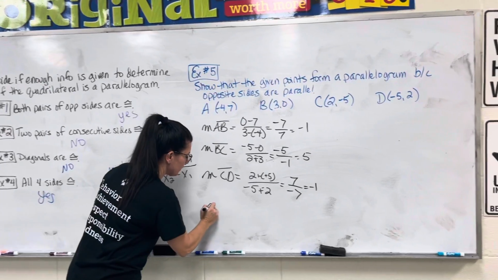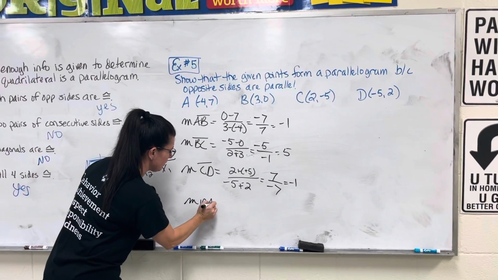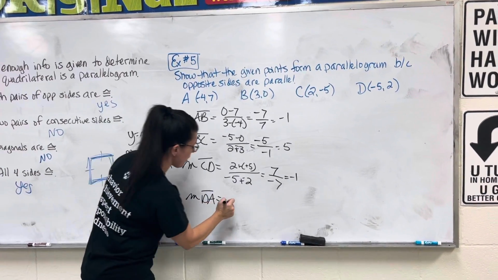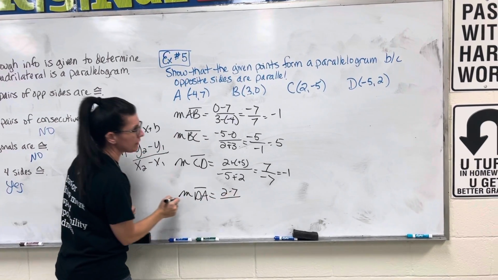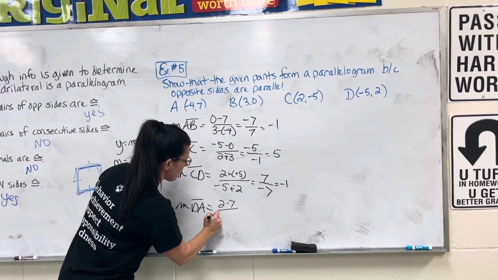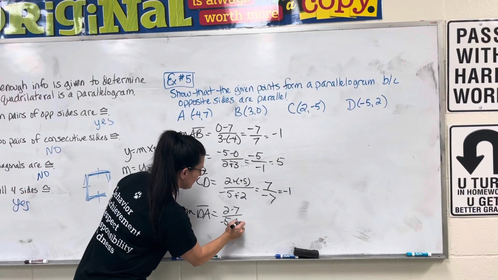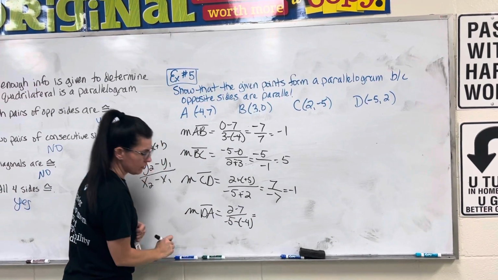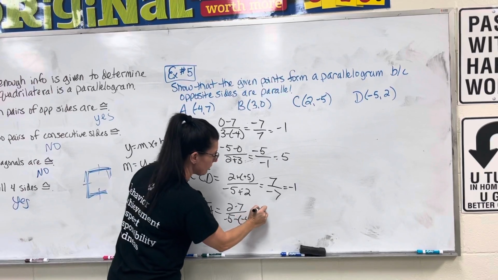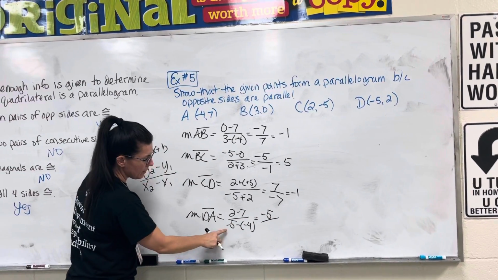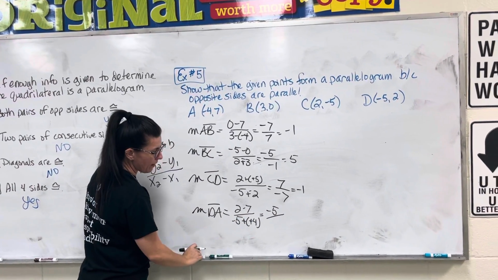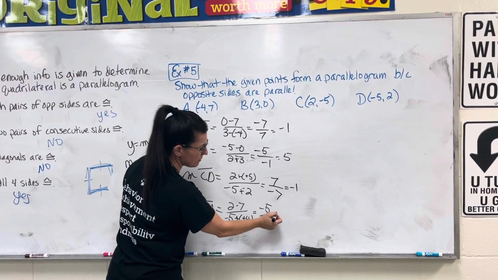My last one, I'm going to find the slope of DA. Change in y on top, 2 minus 7. And on bottom, negative 5 minus negative 4. On top, 2 minus 7 is negative 5. On bottom, negative 5 plus 4 gives me negative 1.